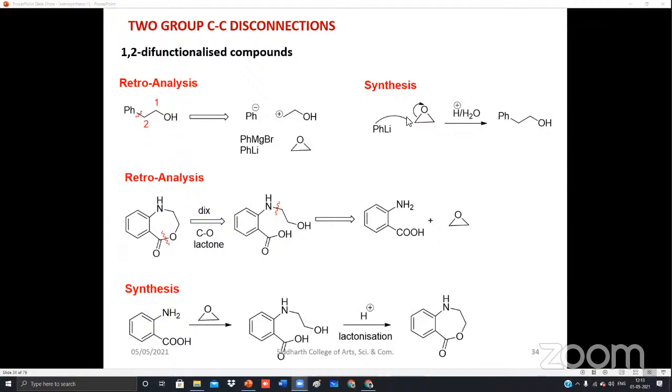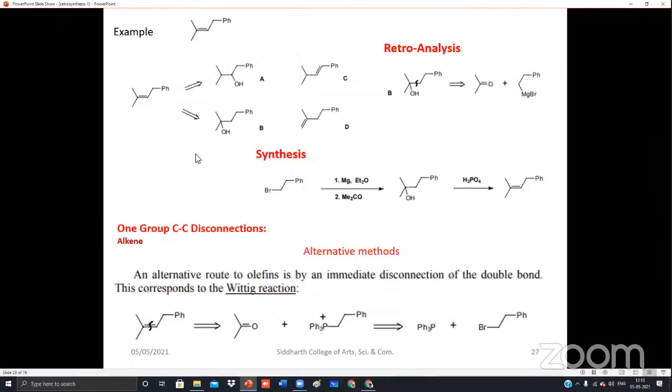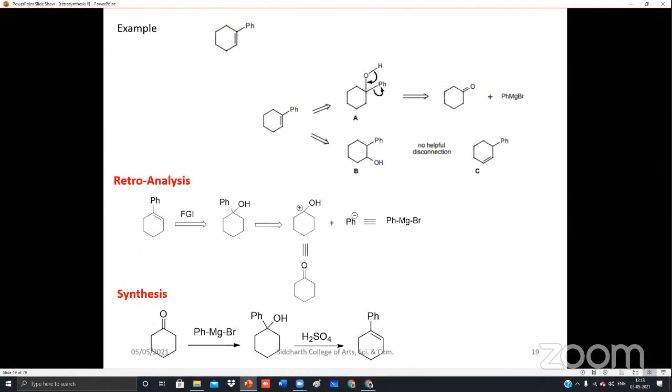Then, slide 19, disconnection B can give a mixture of products. Okay, let me have a look at slide 19. Now listen, this B route normally we don't go for because it is not so easy to tackle to get these molecules.